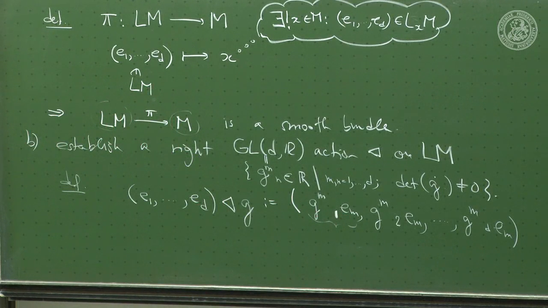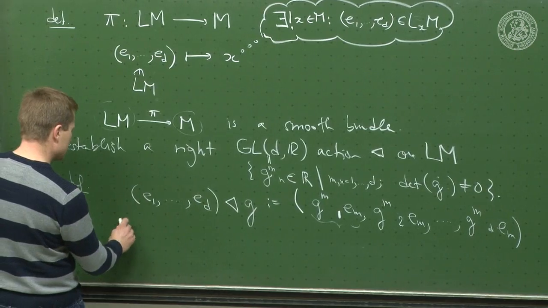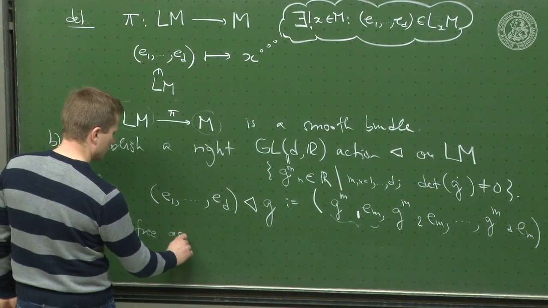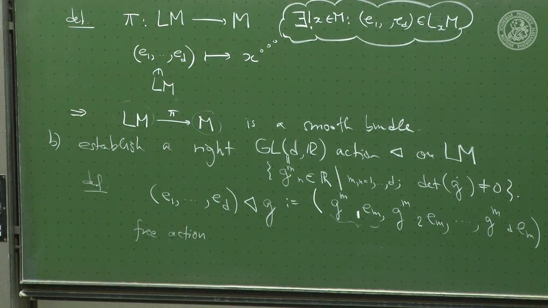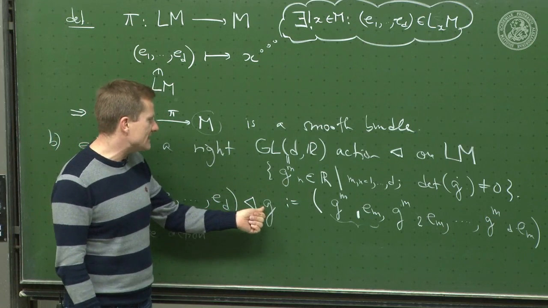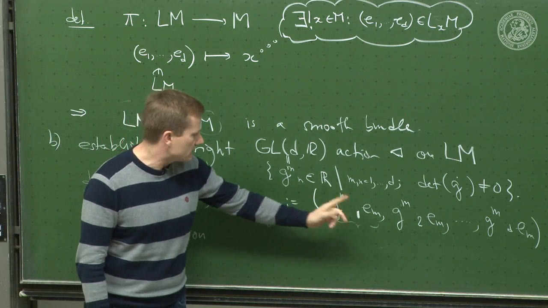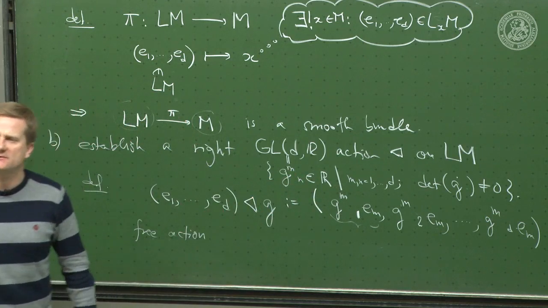Aha, good. So the question is, is this a free action? It's a right action, right? But the question is, is this a free action? What was a free action? A free action is one which at any point is such that only the identity, that would be the delta^m_n here, only the identity keeps this thing unchanged.